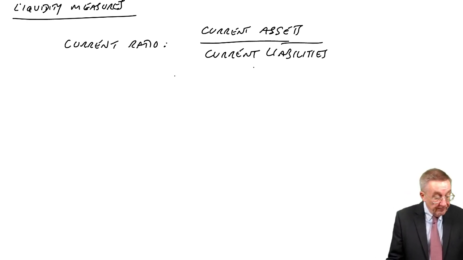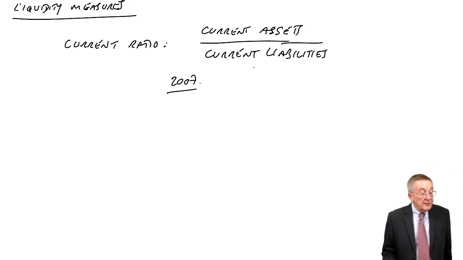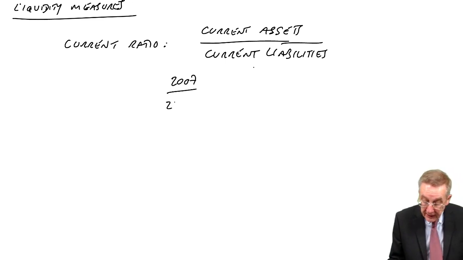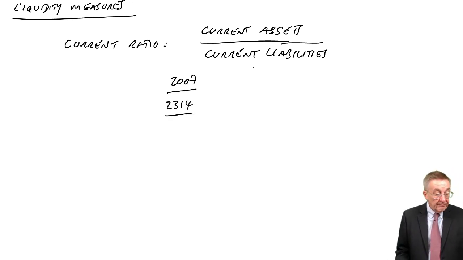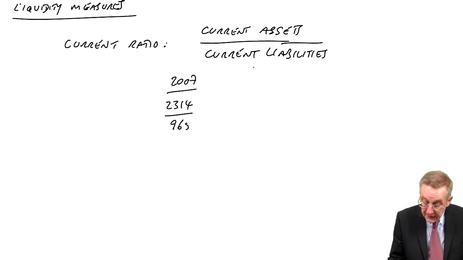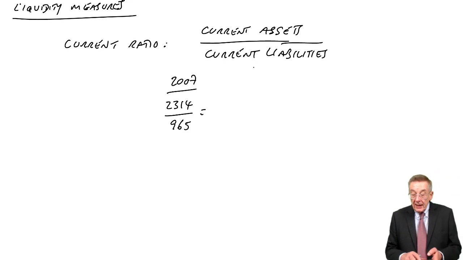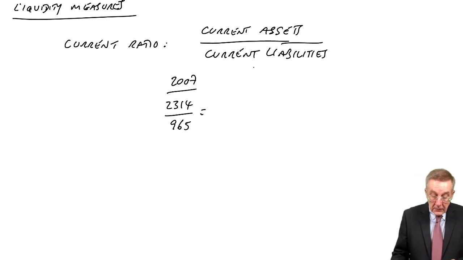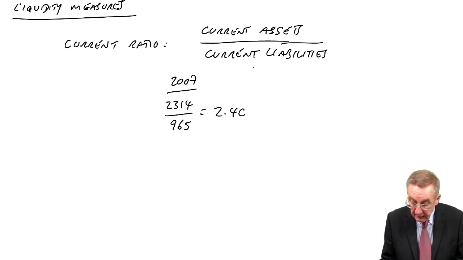So, just check with the figures. In 2007, from the statement of financial position, the current assets were 2314, and further down the current liabilities were 965, and so as a ratio, 2.40.